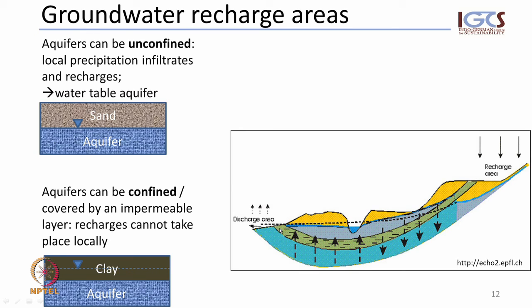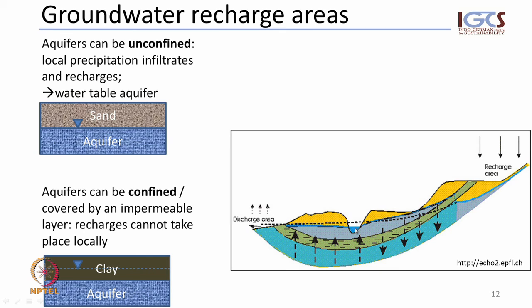And then we have an impermeable layer in between, and underneath this impermeable layer another aquifer system. Now we can access both of these aquifers from this point here.